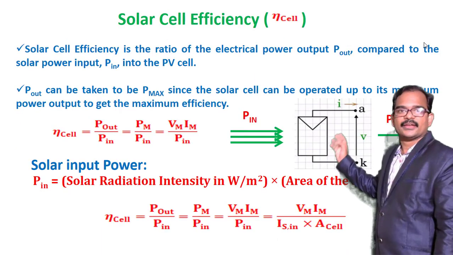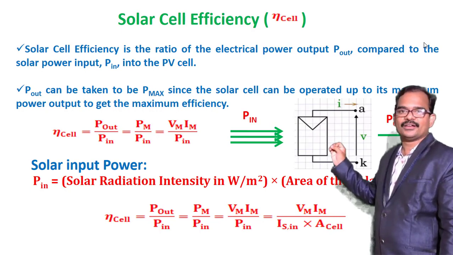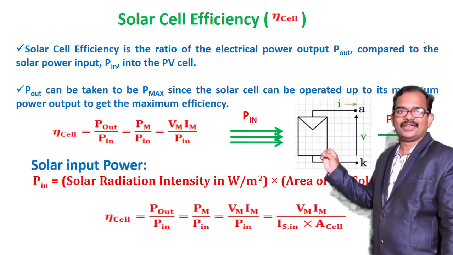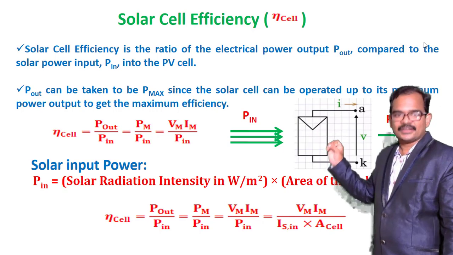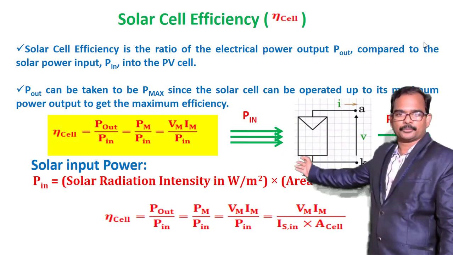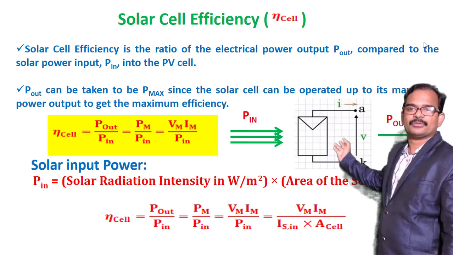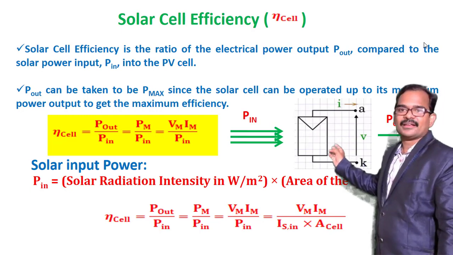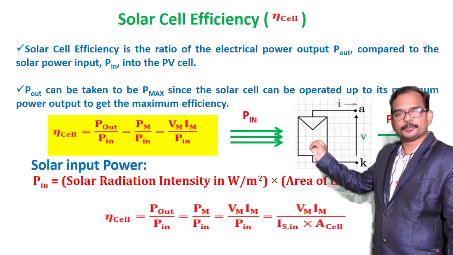Then solar cell efficiency. The solar cell efficiency is the ratio of the electrical power output to the solar power input. So the efficiency of a cell is given by P output by P input, where P output is the maximum power that we get from the solar panel, that is Pm, and P input is nothing but the solar input power.